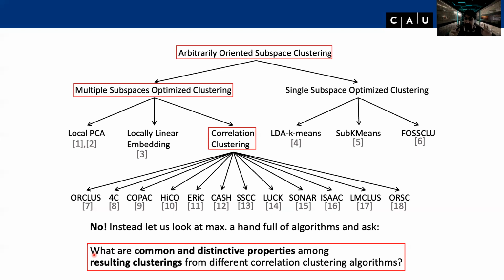We will look a bit into the algorithmic approach, but we will also ask, what are the differences? What can, for instance, 4C capture or detect that ORCLUS cannot, and vice versa? And we choose as examples, besides local PCA that we have already talked about, ORCLUS, 4C, and Cache, which is my personal favorite, to be honest.